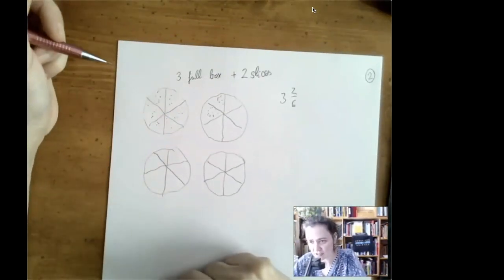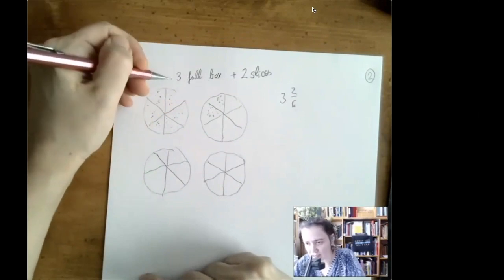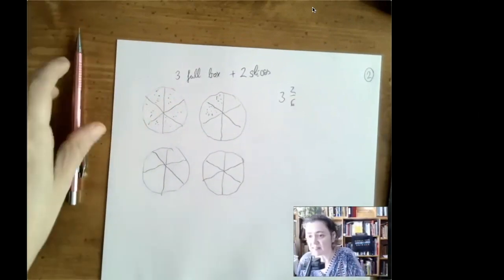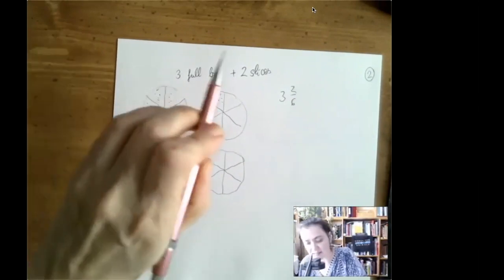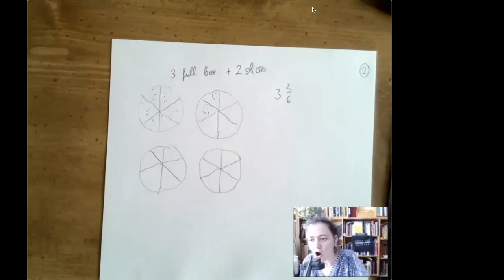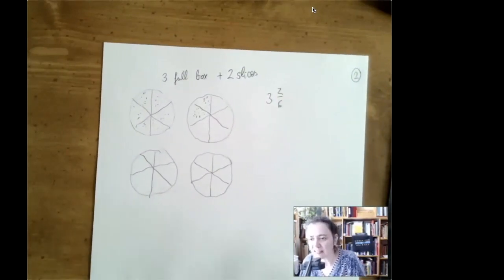You're sitting at the register. Someone comes up with 3 full boxes. Each of them is 6 slices. The 4th box only has 2 slices in it. How many slices do you need to ring up for?